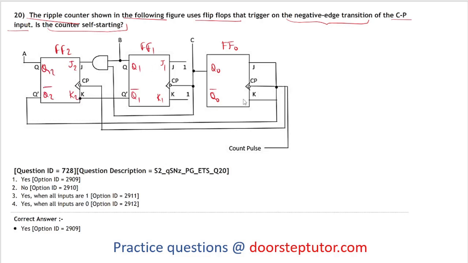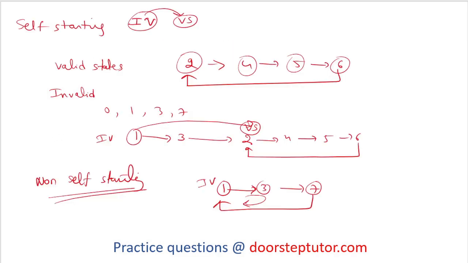Now if you look at this diagram, the clock is a negative edge triggered clock. So the clock pulse is applied at flip-flop 0 and the same clock is being applied at flip-flop 2. So both will change their status whenever they find any negative edge transition. What is a negative edge transition? Our clock is like this.